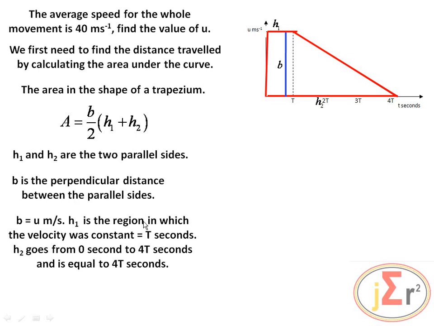H1 is the region in which the velocity was constant, and the time associated is from here to here, and that is t seconds. H2 goes from 0 seconds to 4t seconds. That is from here all the way down to there, and so it is equal to 4t seconds.